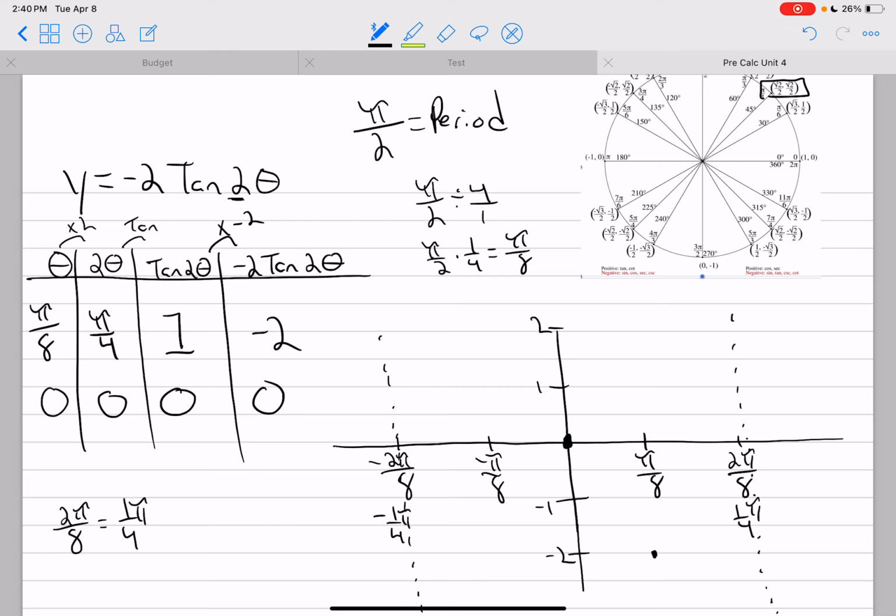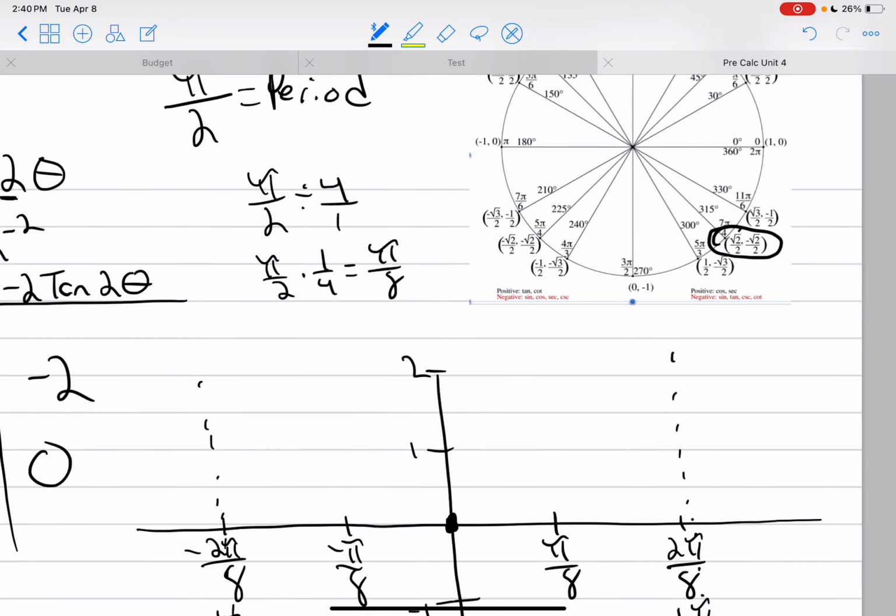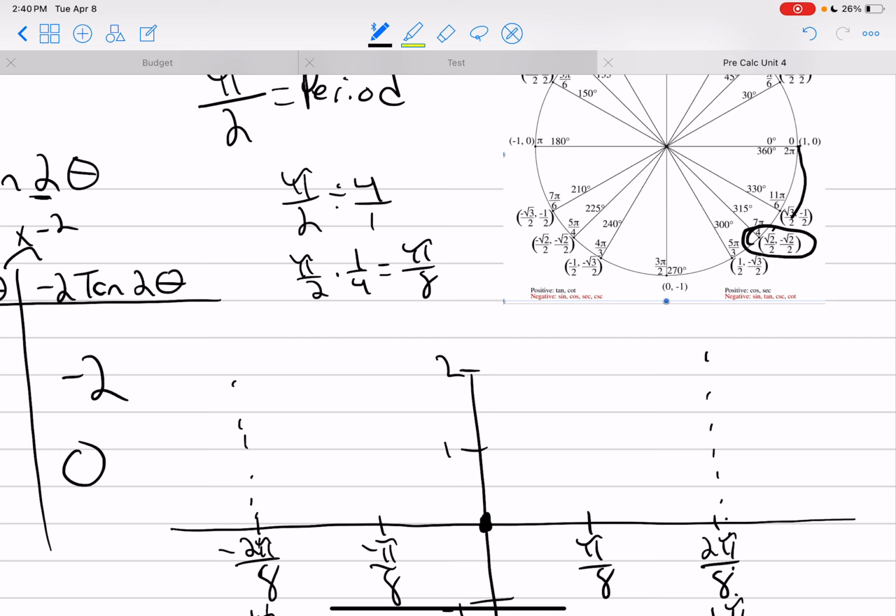And finally, now I know the opposites, right? If this is negative pi over 8, it's the exact same. It's going to be negative pi over 4. And I multiply it by 2. When I take the tangent of negative pi over 4, which would be negative 1/4, which would be right here, right? In case you're unclear, this is the negative pi over 4 direction.